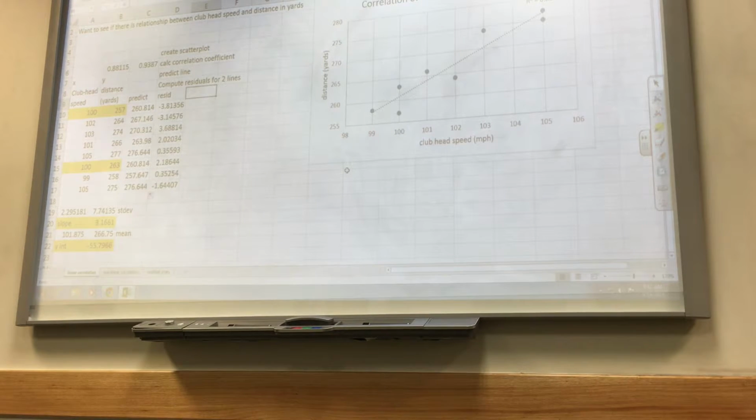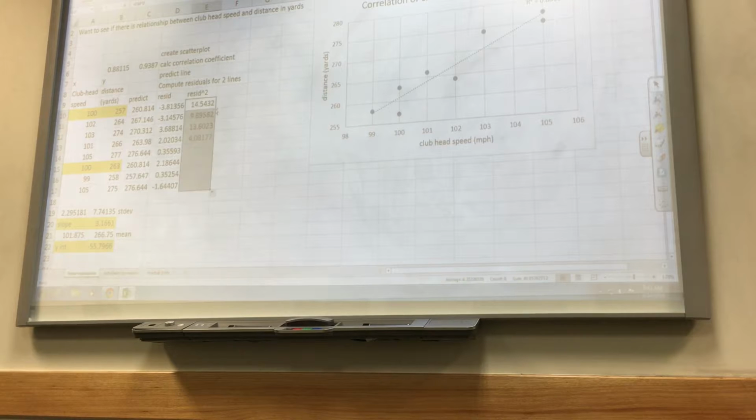Now, another thing I can do is square the residuals. If I take this number and raise it to the second power, I get 14.54. I'm going to copy that down, and then find the sum of my residuals squared.